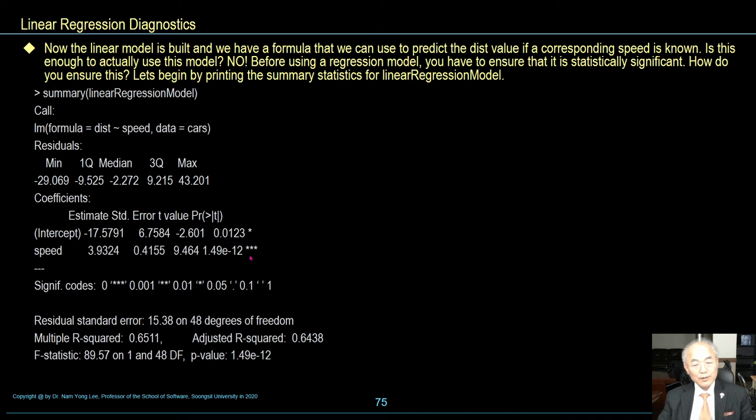So the null hypothesis can be rejected, so beta 2 is not equal to 0. Beta 2 is 3.9324, so distance can vary with the independent variable speed.